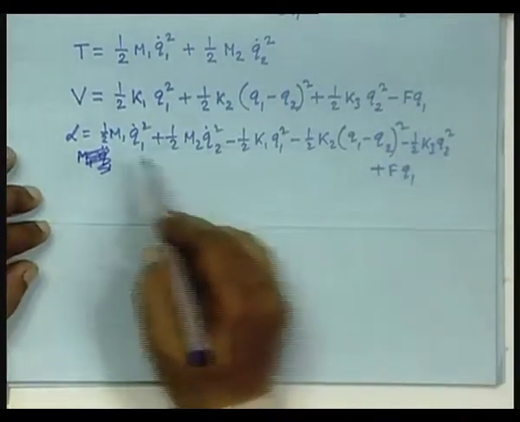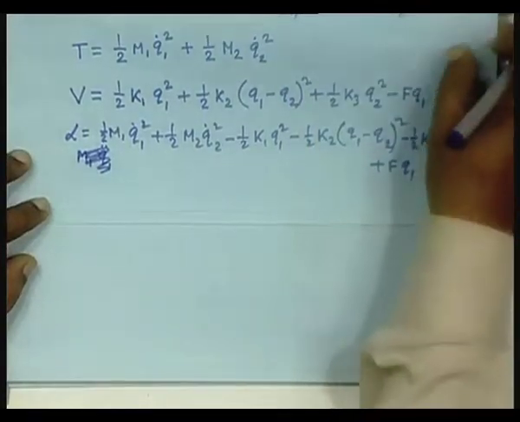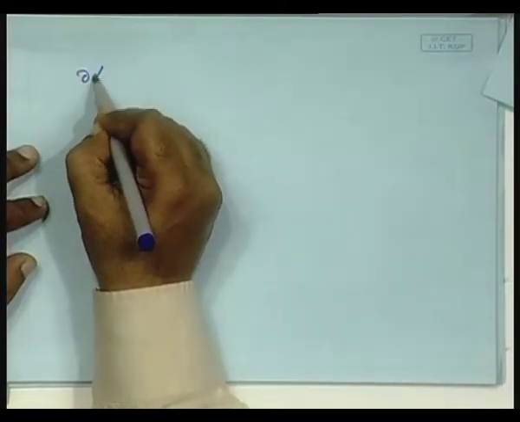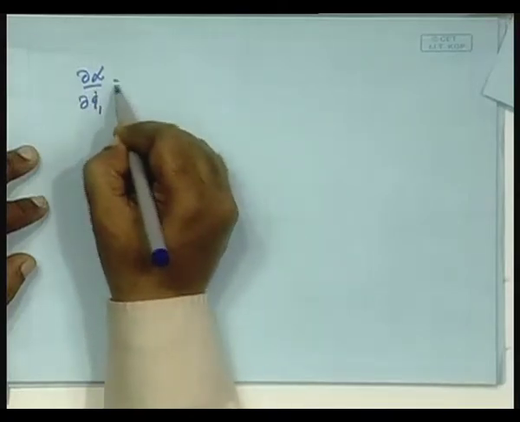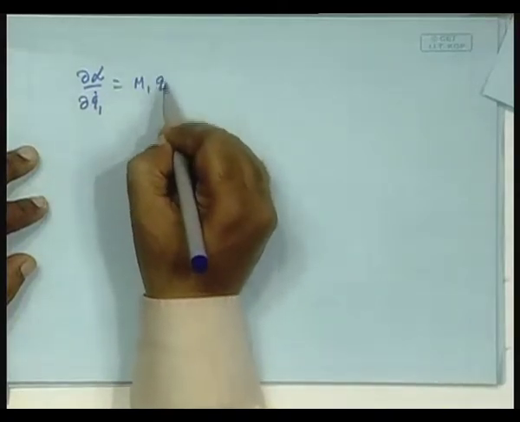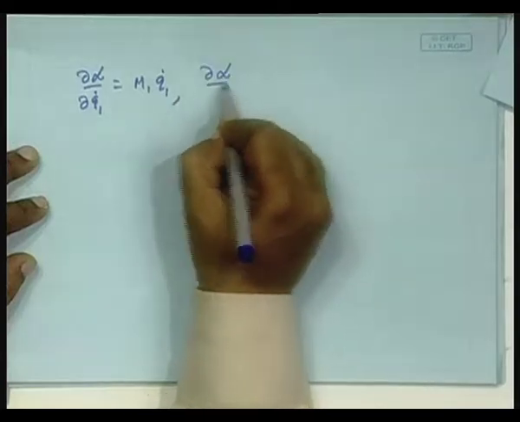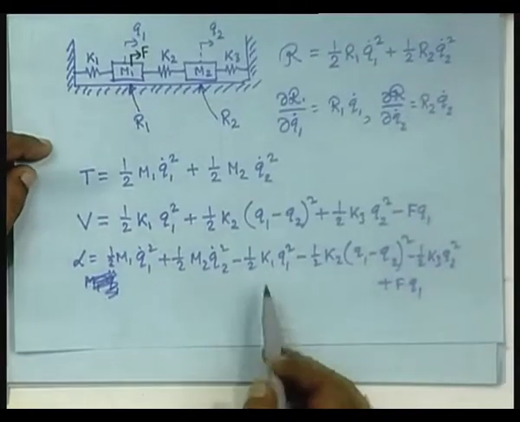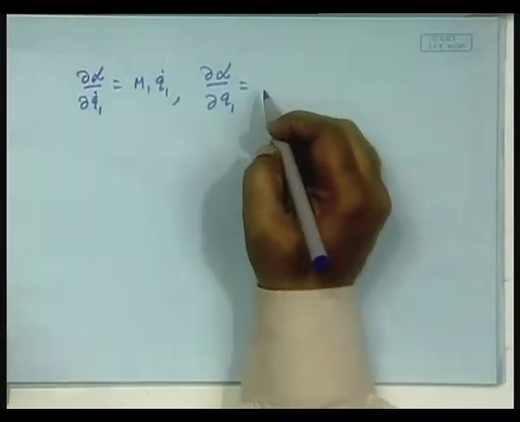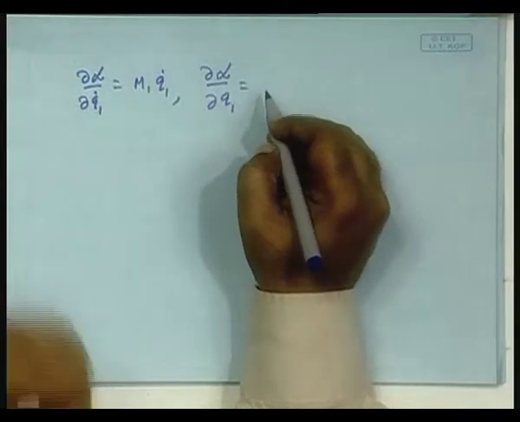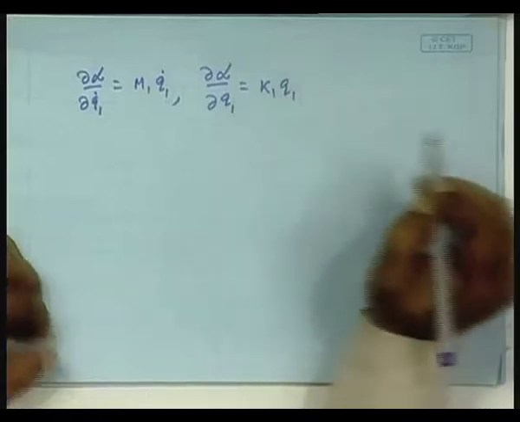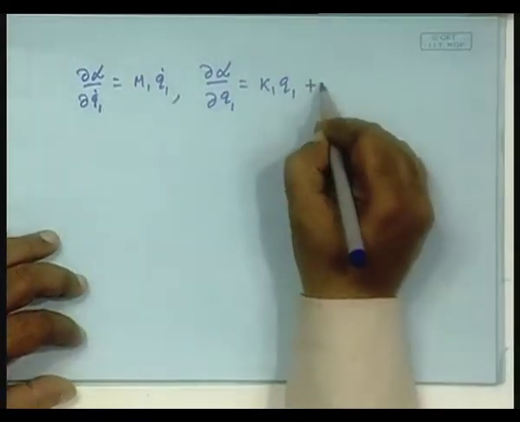So, that was the Lagrangian function, and the Rayleigh function is there. If you now differentiate in the first direction, in the q1 direction you have k1 q1 plus k2.